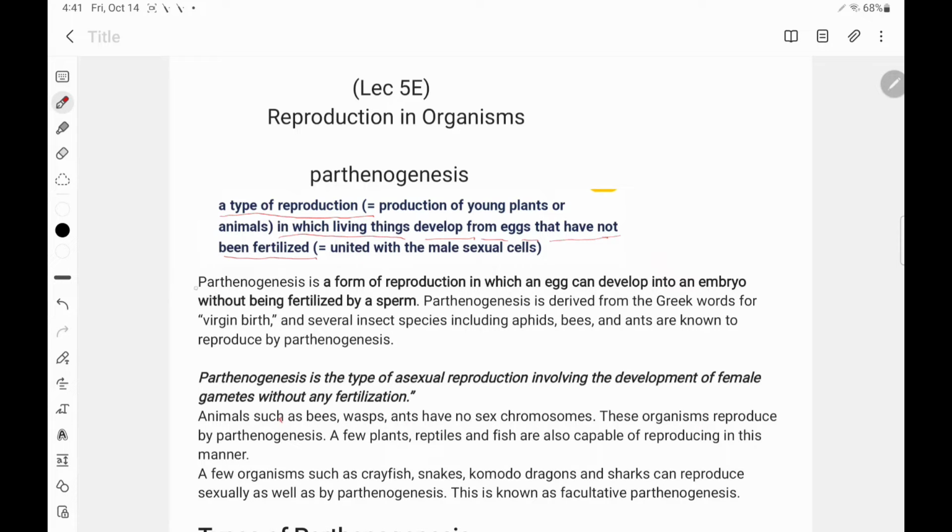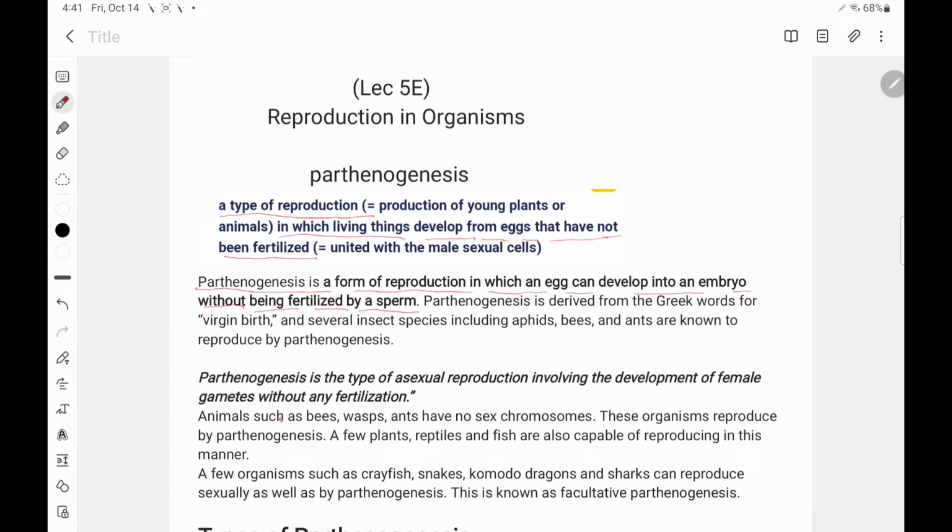In other words, parthenogenesis is a form of reproduction in which an egg can develop into an embryo without being fertilized by sperm. I think it is clear what parthenogenesis is.